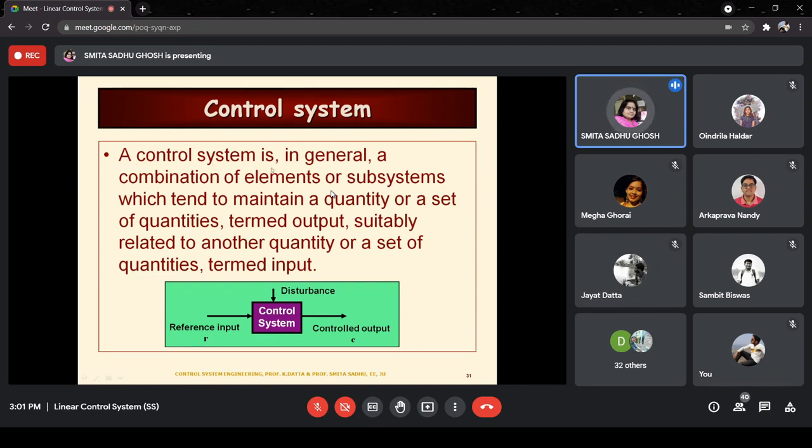A control system is, in general, a combination of elements or subsystems which tend to maintain a quantity or a set of quantities termed output, suitably related to another quantity or set of quantities termed input. So what we are saying is that this block may not be a single equipment or a single component. Rather, it is an interconnection of subsystems.